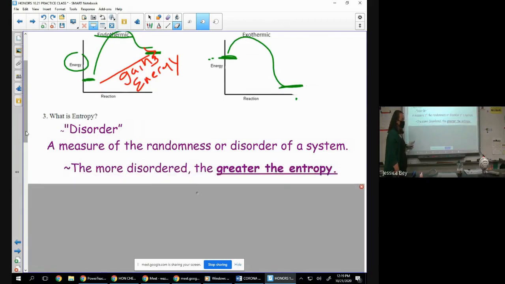Disorder. Thank you, Ian. It's the measure of disorder or the randomness. And the greater this disorder, the greater the entropy. So if you can think of entropy being the word disorder, then you are safe. Measure of the randomness, disorder, some people call it chaos, stuff like that. So it's what all is going on there.